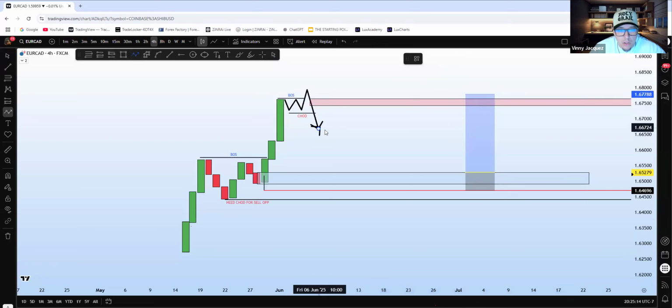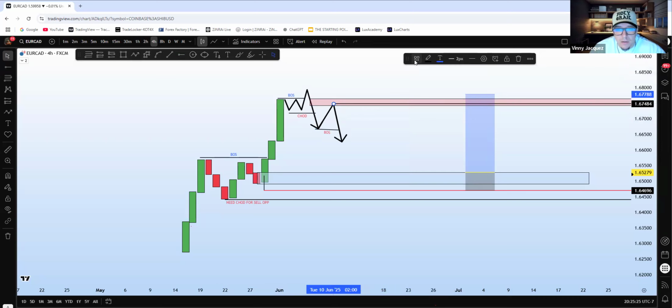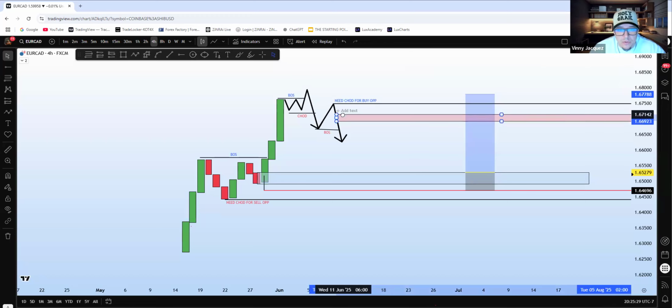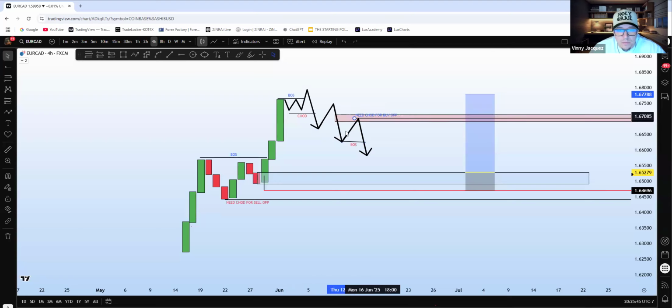If we have a pullback, lower low, lower high opportunity, we have a break of structure. Let's just continue the markups. This is my BOS. This is my change of direction line. Let's just continue the movement. Maybe we have, I was going to build consolidation, but it's okay. We could just keep it simple. Lower low, lower high, break of structure. Let's continue the movement.